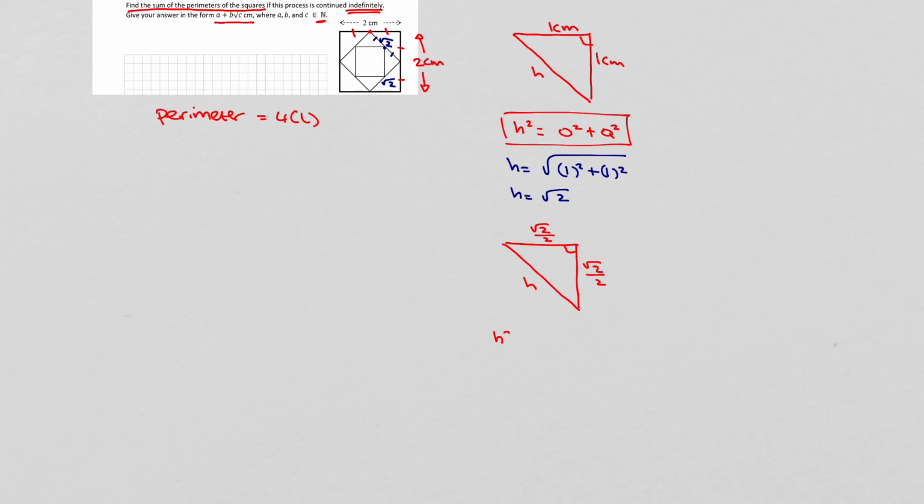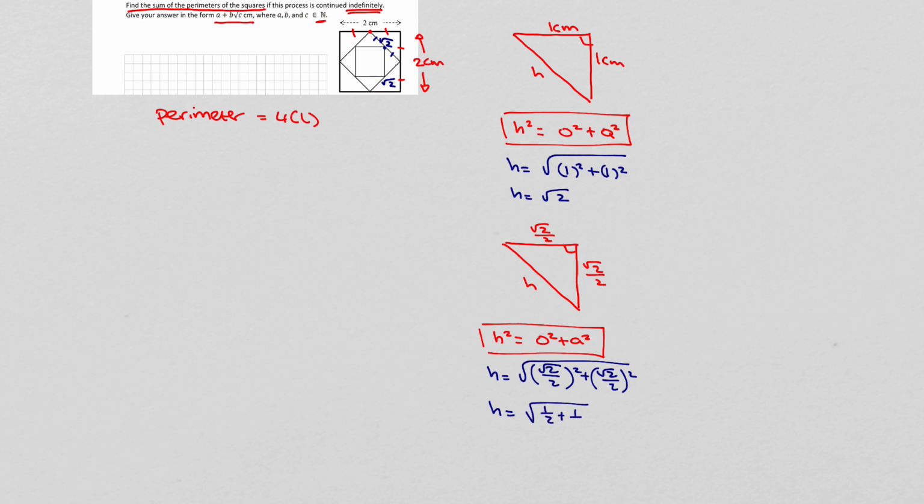So again, if I use Pythagoras, we have h squared is equal to o squared plus a squared. So our hypotenuse is going to be the square root of root 2 over 2 squared plus root 2 over 2 squared, which gives us the square root of a half plus a half, which is obviously just 1. So that means that this square has a side of 1 centimetre.